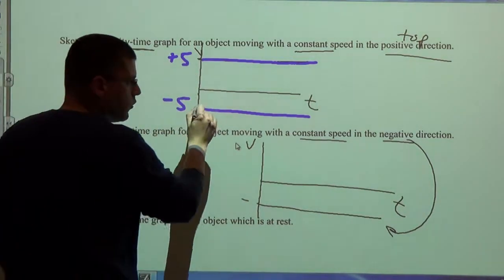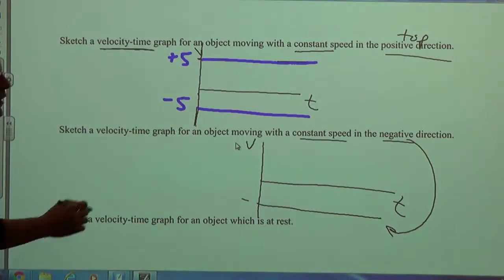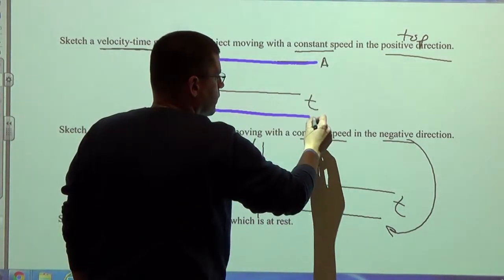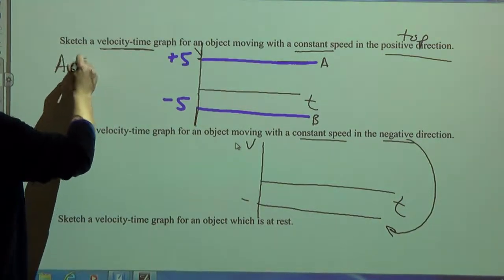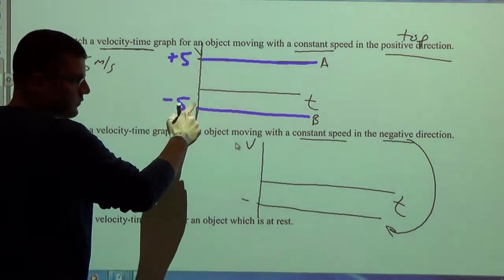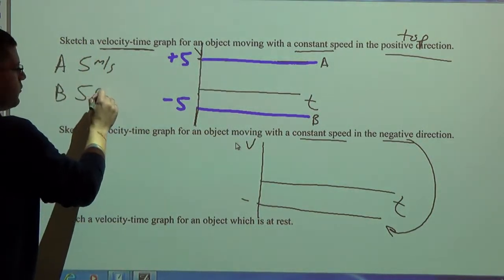By magnitude alone, they're both going at a rate of 5 meters per second. Okay? So we'll call this car A, and we'll call this car B. So A is going 5 meters per second. Correct? Constant velocity, constant speed. B is going 5 meters per second.